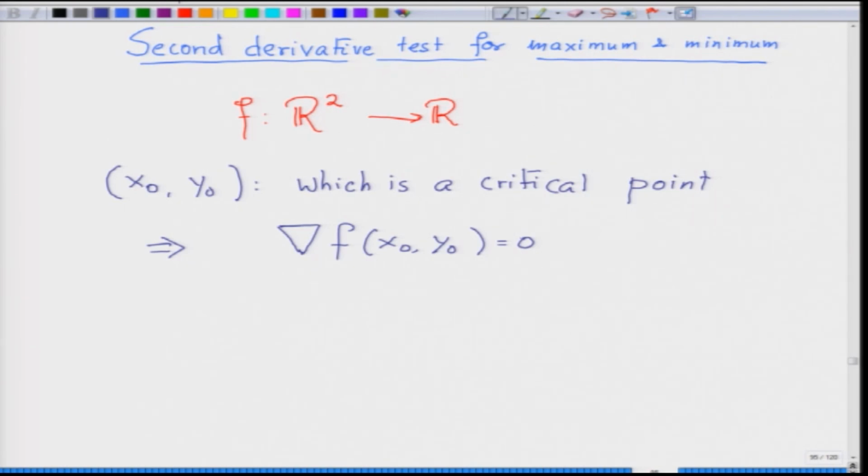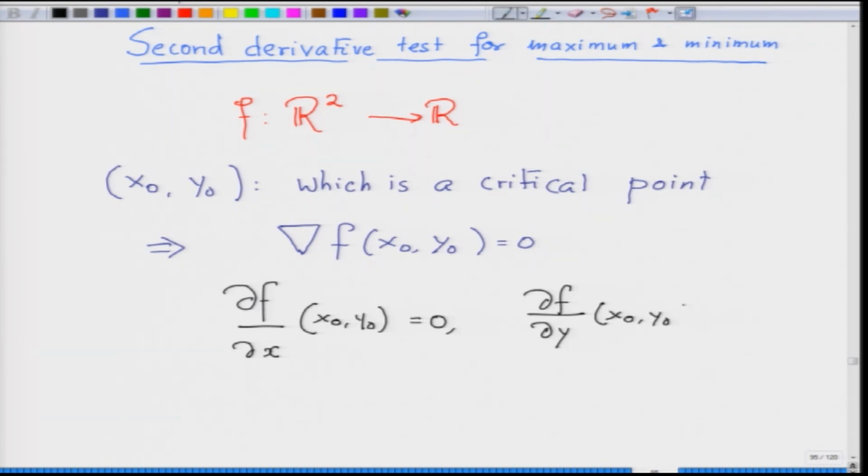Put in a much simpler form, it means the first partial derivative of f with respect to x evaluated at x naught y naught is 0, and the first partial derivative with respect to y at x naught y naught is equal to 0.